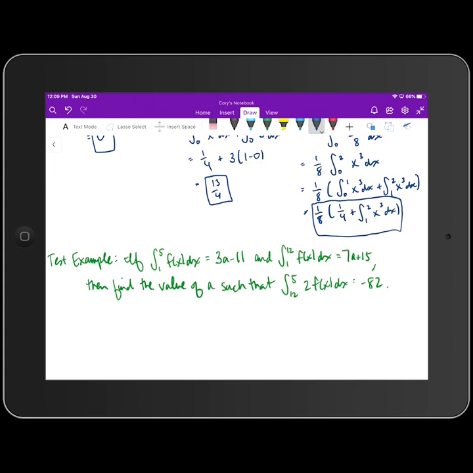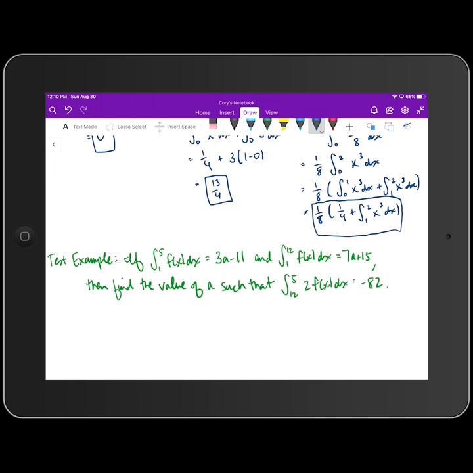This one says that if the integral from 1 to 5 of f of x, which we're integrating with respect to x, is 3a minus 11, and the integral from 1 to 12 of f of x, integrating with respect to x, is 7a plus 15, then we're asked to find the value of a such that the integral from 12 to 5 of 2 times the function f of x, integrating with respect to x, is equal to negative 82.